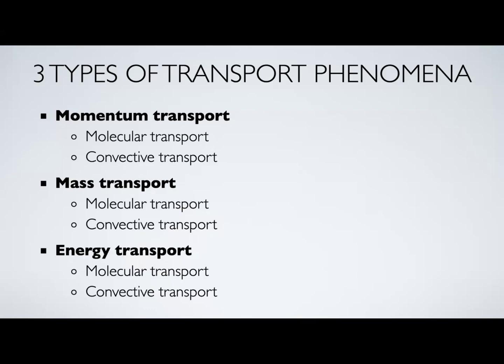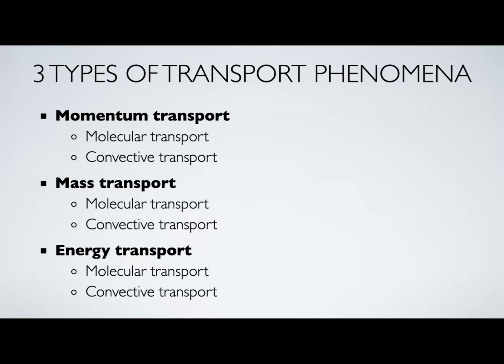But for convective transport, the medium is actually moving or flowing. So if I simplify the definition between these two types of transport, molecular transport can occur in a fluid, let's say liquid or gas, that is staying still. And also in solids, because you know that the molecules of solids are staying still, right?